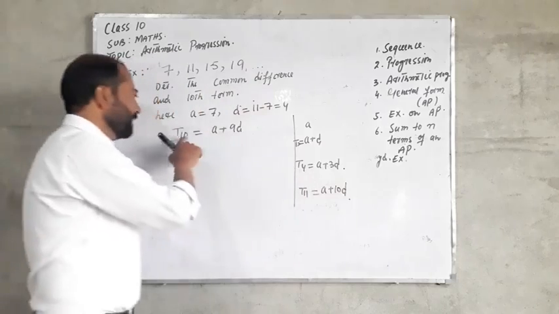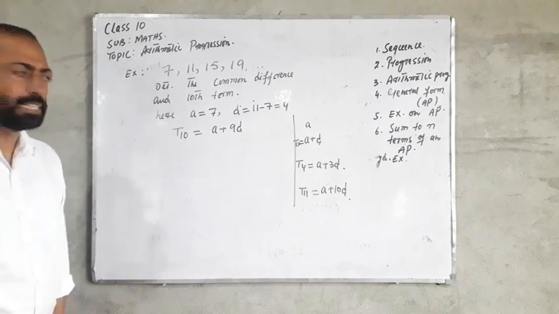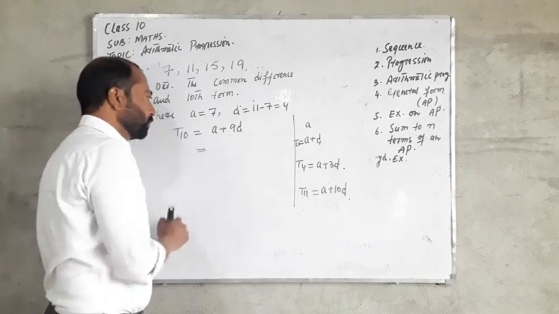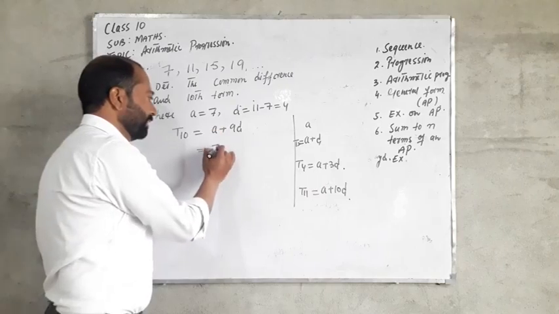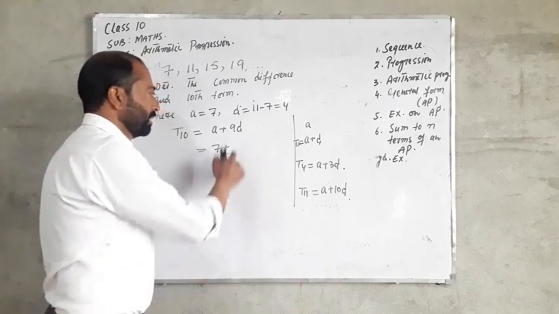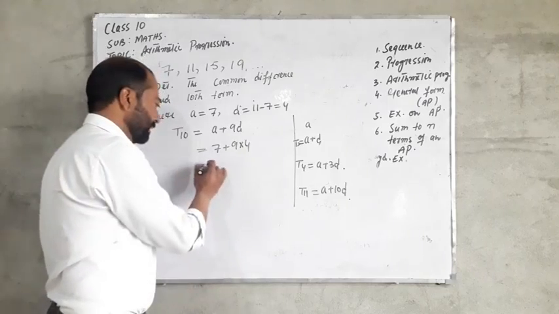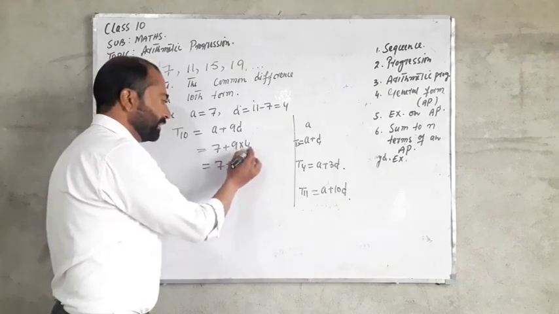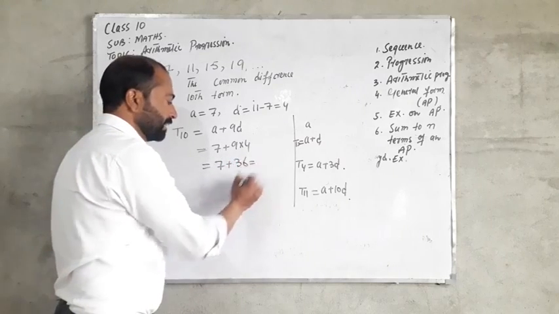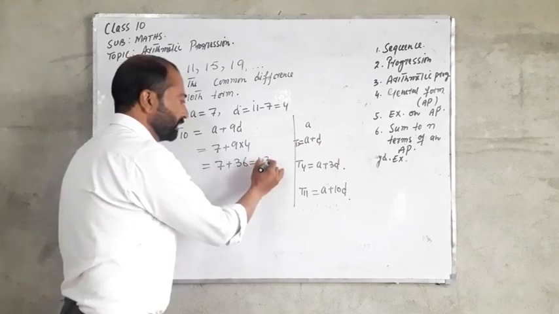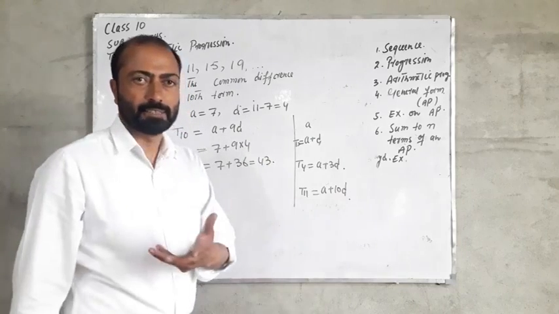In the same way, the 10th term is a plus 9d. So replacing this a by 7, plus 9, and the common difference is 4. This gives us 7 plus 9 into 4, which is 36. This sums up to 43. This is the 10th term.